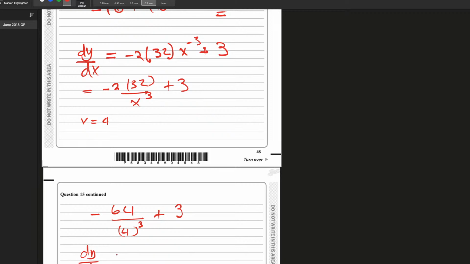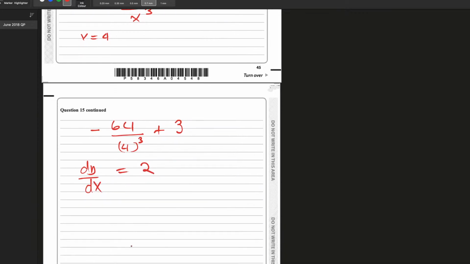So this implies that the gradient of our line L is equal to minus half.